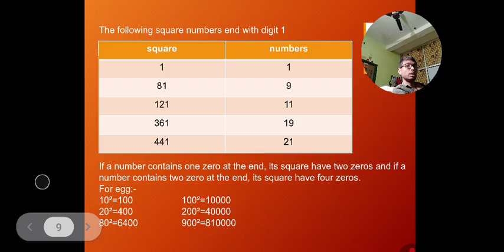If a number contains 1 zero, then the square of it will have 2 zeros. If a number contains 2 zeros, then the square of this would have 4 zeros. If a number contains 3 zeros, then the square of it would have 6 zeros.